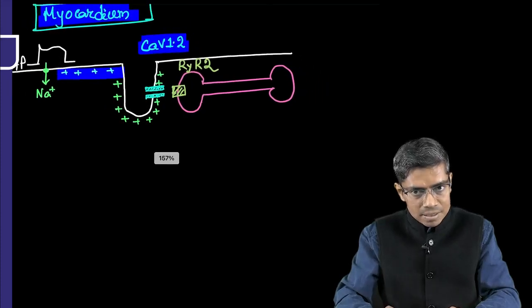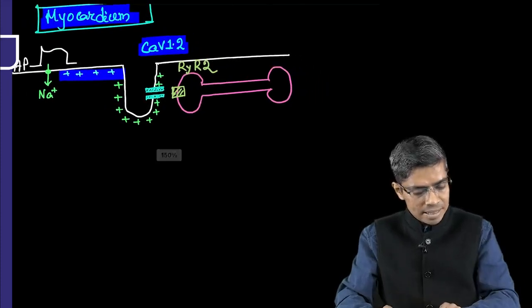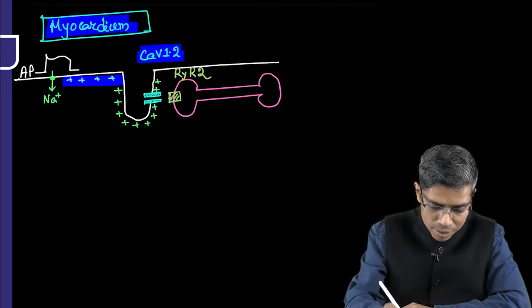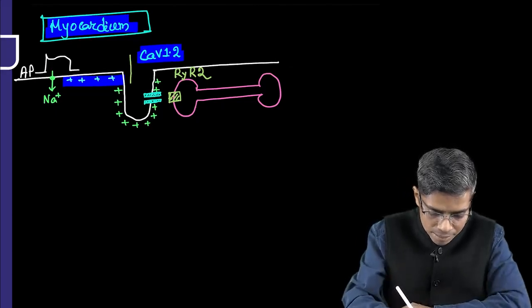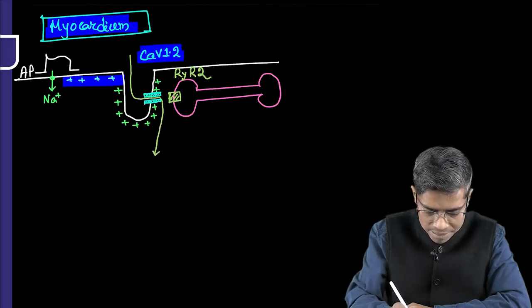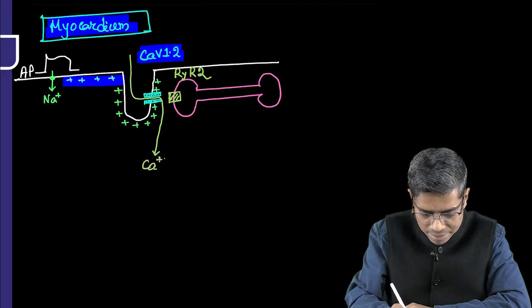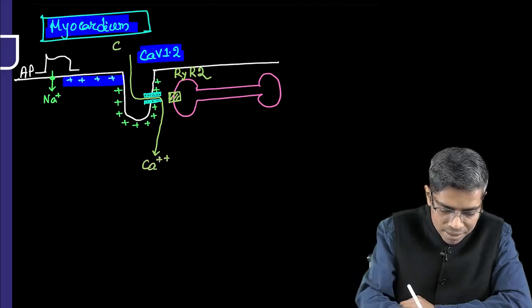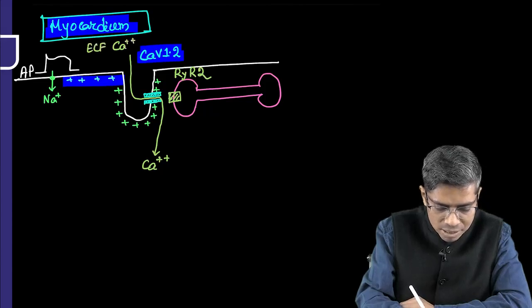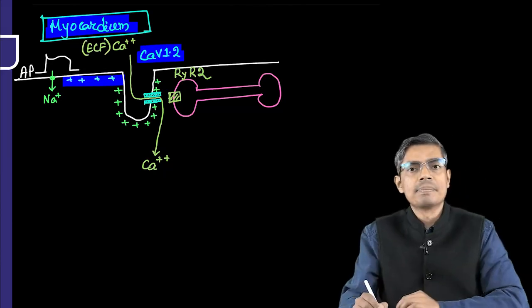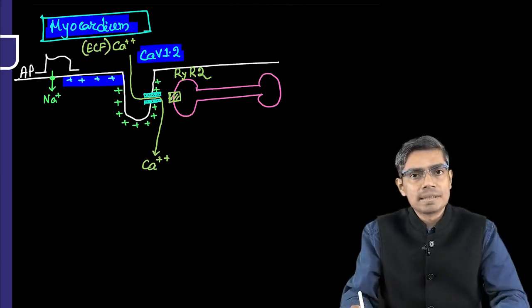So if this channel opens up, it's a calcium channel. Calcium is going to enter inside the cell through this channel. Where is this calcium coming from? This calcium is coming from extracellular fluid, or blood calcium, or interstitial fluid calcium.